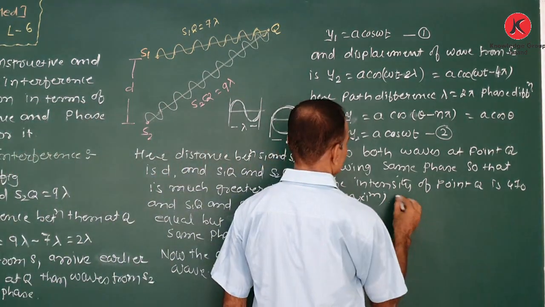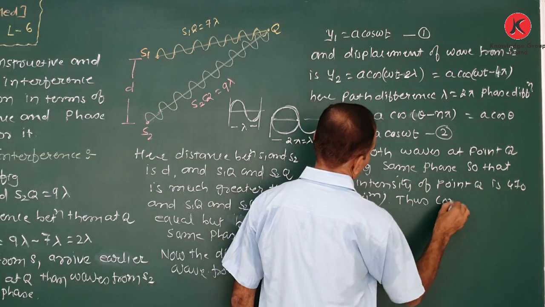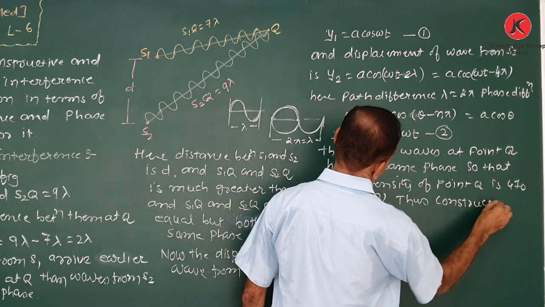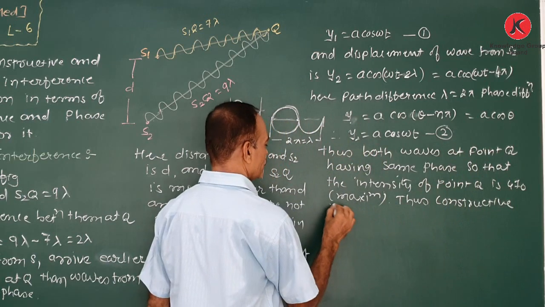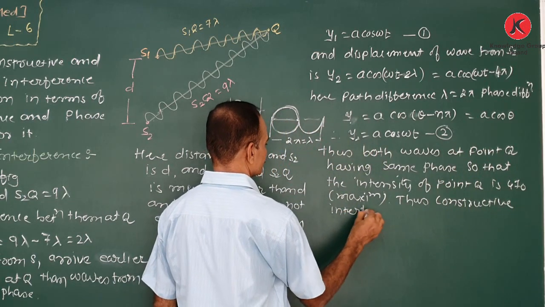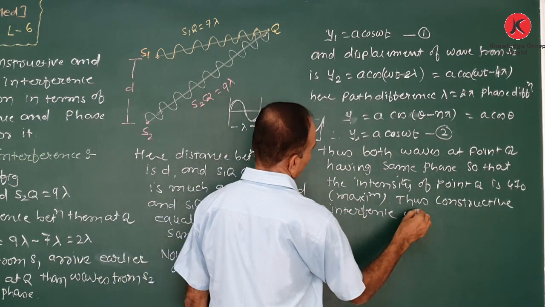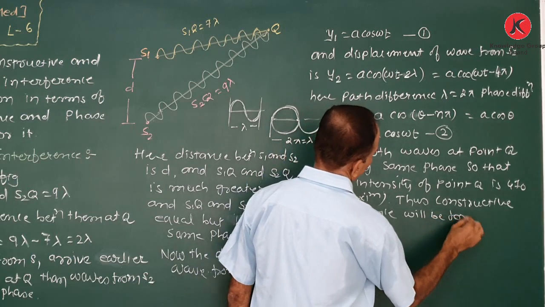Thus, constructive interference will be formed at Q.